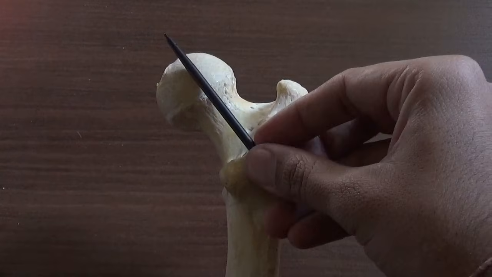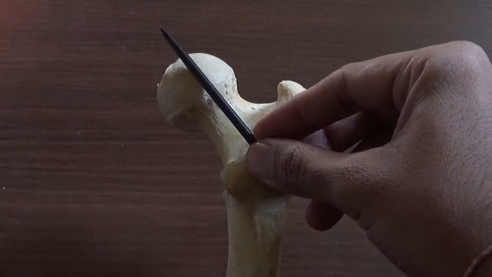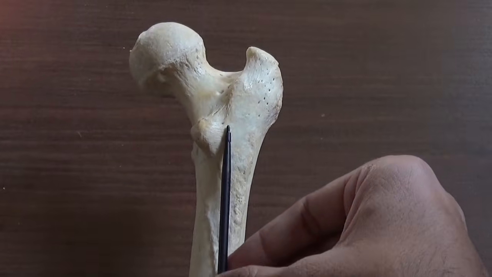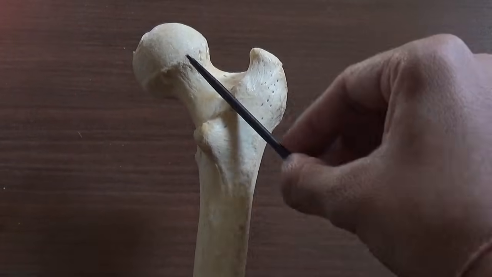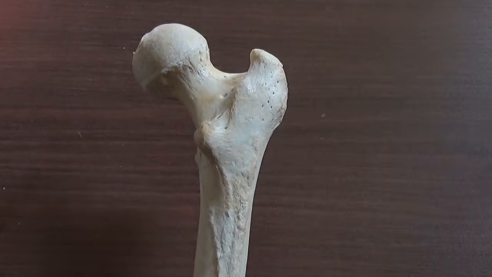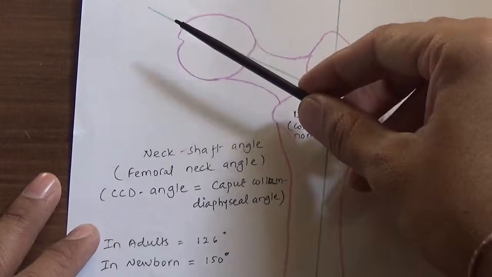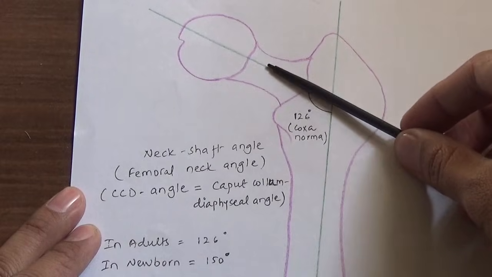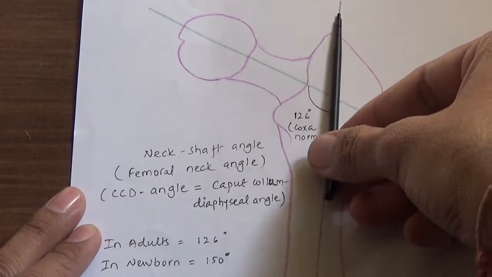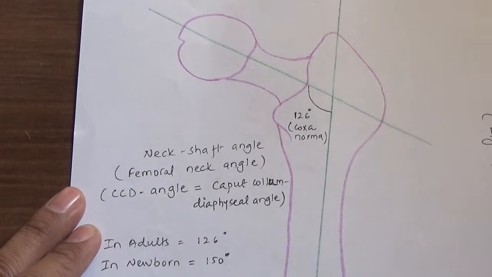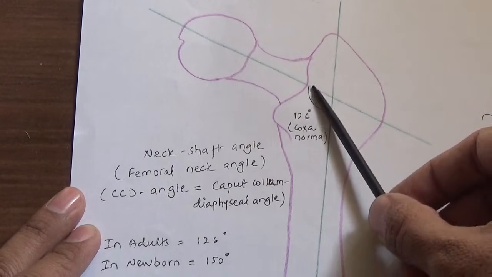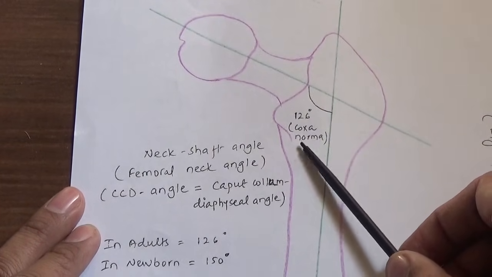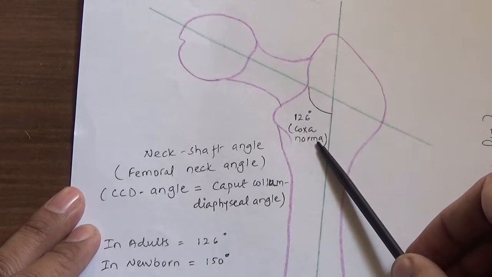Similarly, when you draw an imaginary line passing from center of head and neck, and if you match it with long axis of the shaft, there forms an angle between neck and shaft, which is termed as neck shaft angle. So here again in this diagram you can see the imaginary axis passing from center of head and neck. When it meets with the long axis passing from the center of the shaft, there forms an angle which is approximately 126 degree in adult, which is the normal range or coxa norma.